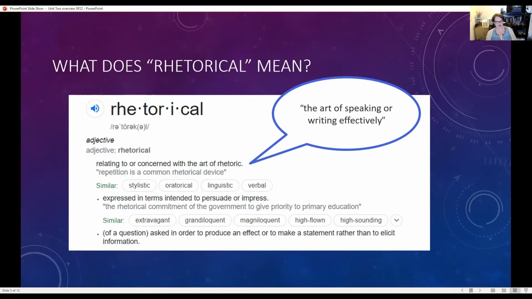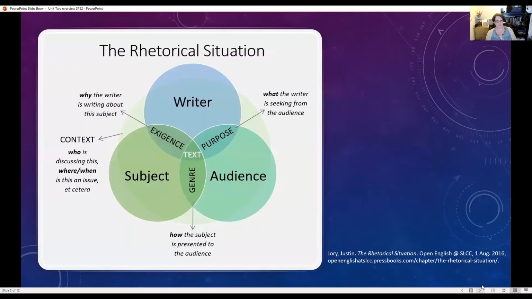So a rhetorical question is just kind of making a point, right? Rather than seeking information. So yeah, rhetoric is the art of speaking or writing effectively or writing persuasively. We want to persuade an audience to see our way of thinking.